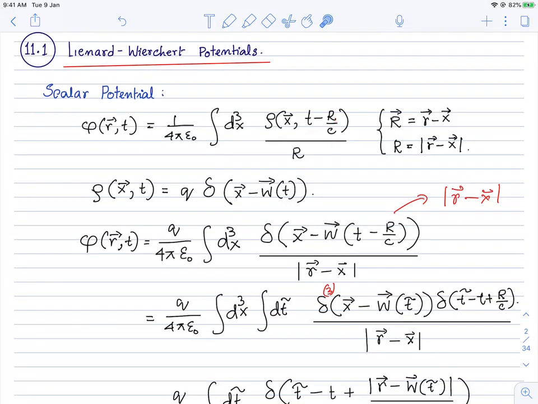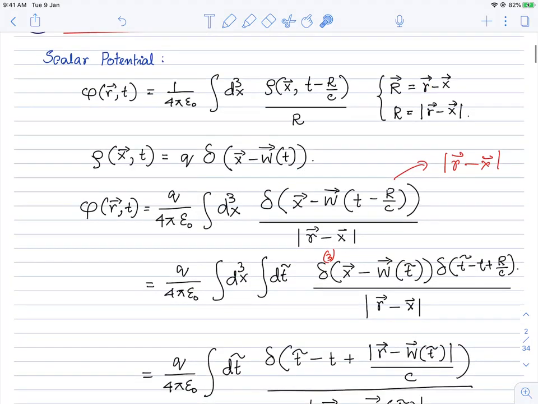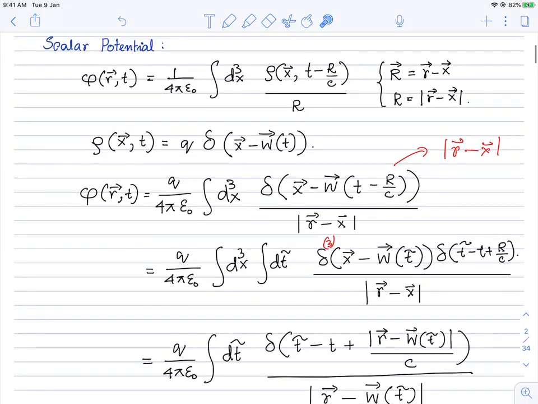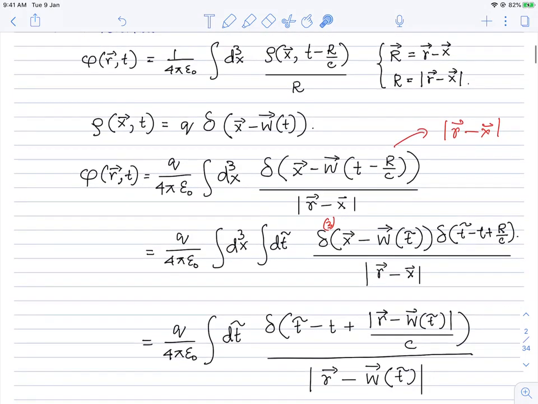This r is the distance from the location of the charge particle to the position r where we are trying to find the potential. The delta function ensures that. Now, this is a three-dimensional delta function. If we plug it in here, we see that this is x minus w.